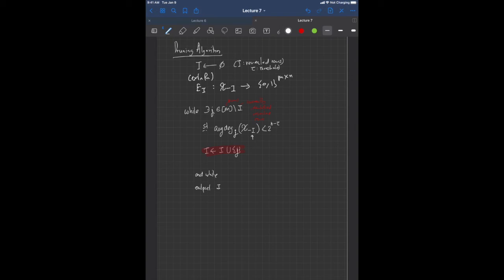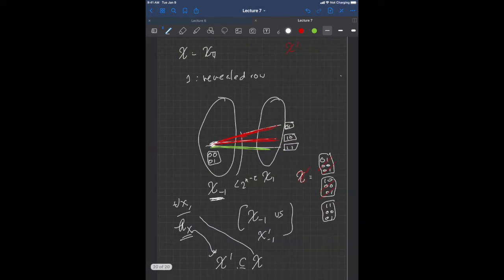Initially, E_I is initialized to be the identity map. For I equal to phi, X minus I is just X, and it just produces X. But it's interesting once you identify a revealed row. Here E_I is described by an arbitrary choice of the extension that we pick.